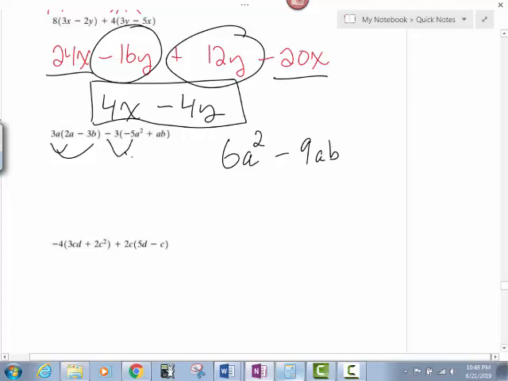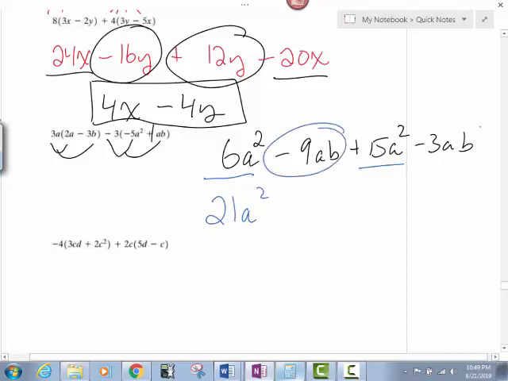Now let's be careful here because we're multiplying with a negative 3. So a negative 3 times a negative 5a is a positive 15a squared. A negative 3 times a positive 1 is still a negative 3ab. Okay, so now let's go ahead and combine our like terms. 6a squared and 15, 21a squared.